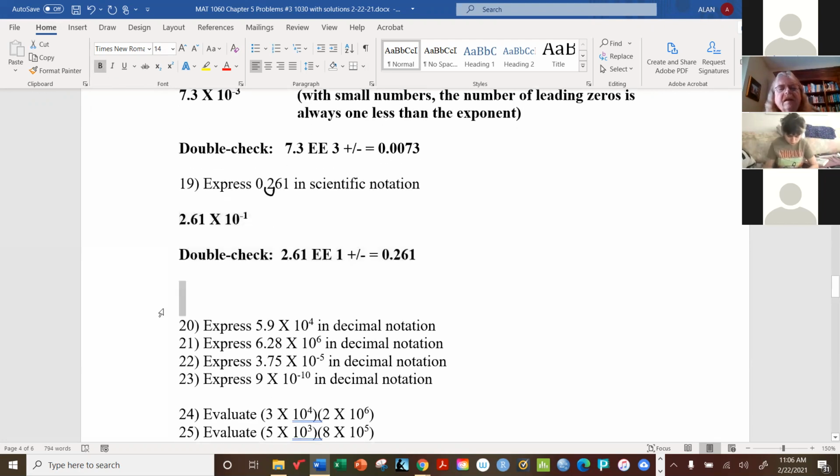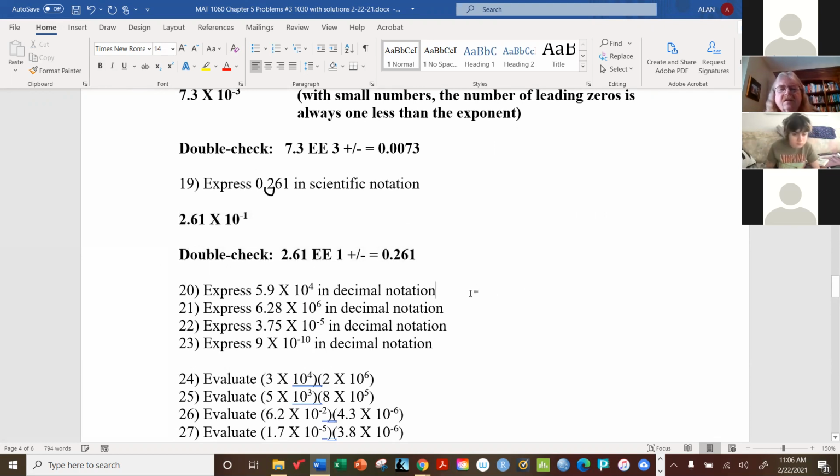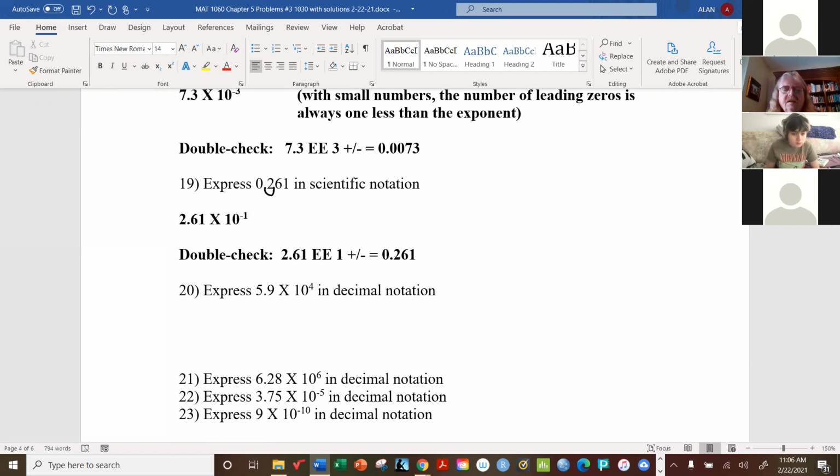All right, now these will be a breeze. I'll tell you why, because all you have to do is type this into your calculator. For example, if you type in your calculator 5.9 EE4, let's see what it comes up with. 5.9 EE4 equals 59,000.